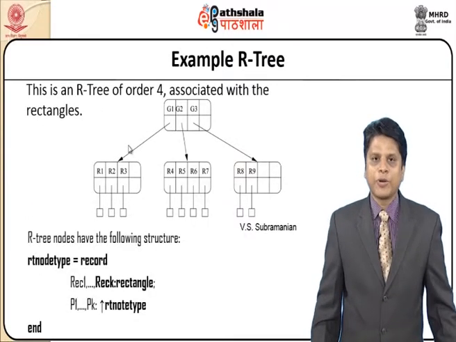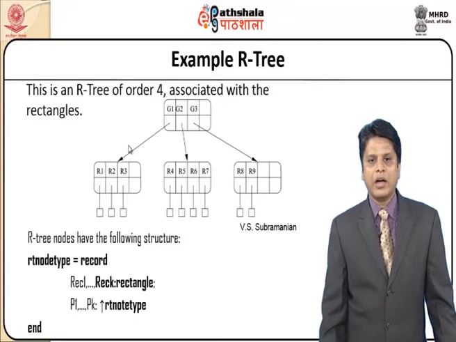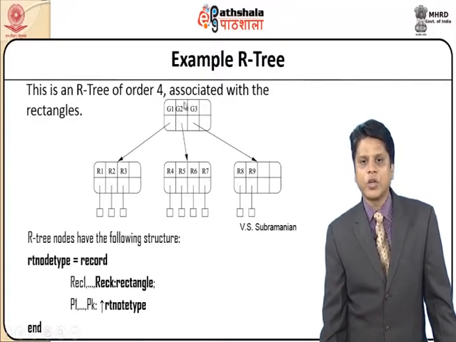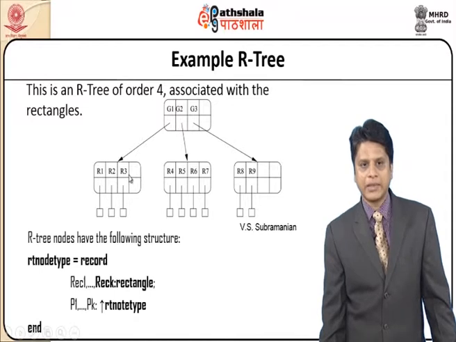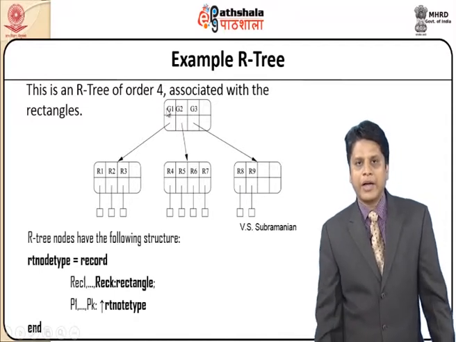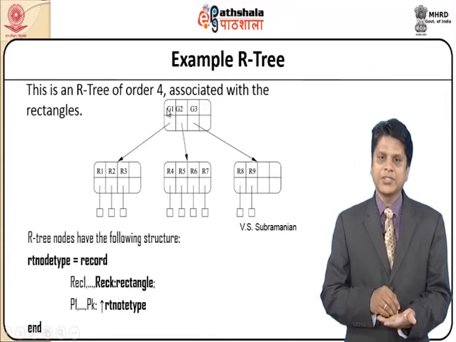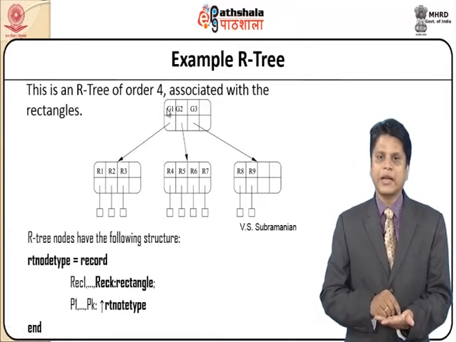Here comes the example of an R tree, where I have indicated a group of rectangles called G1, G2, G3, and each group in turn has some real rectangles called R1, R2 and R3. I have identified a specific region with a rectangle, and this rectangle is grouped together.